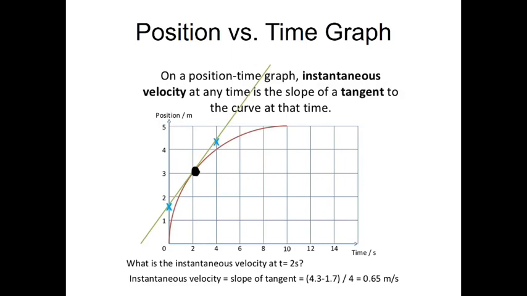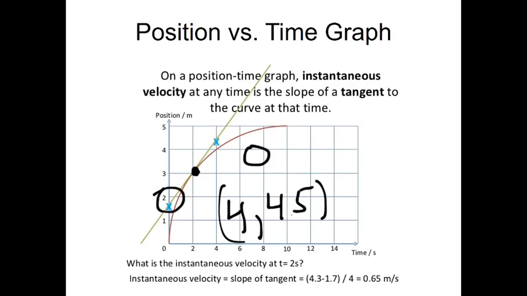So in this case, at x equals 4, we're going to simplify and just say our y-coordinate is 4.5. At x equals 0, right in here, we'll say that our y-coordinate is 1.5.